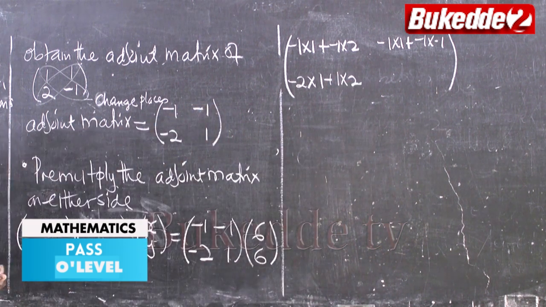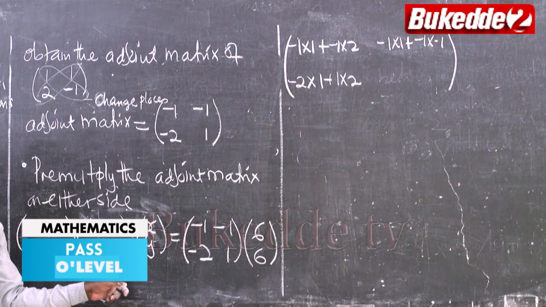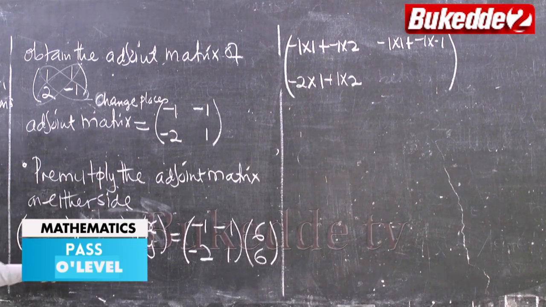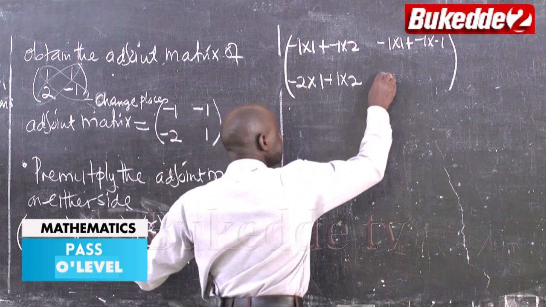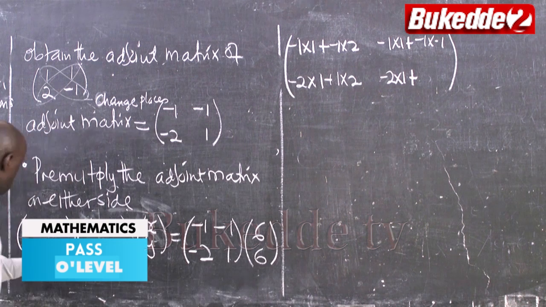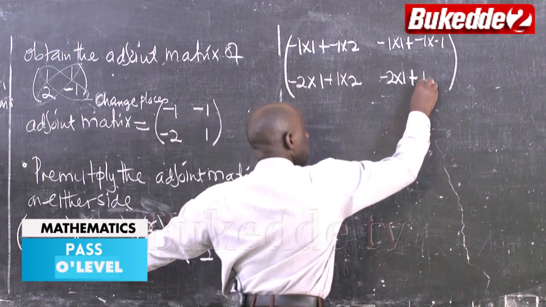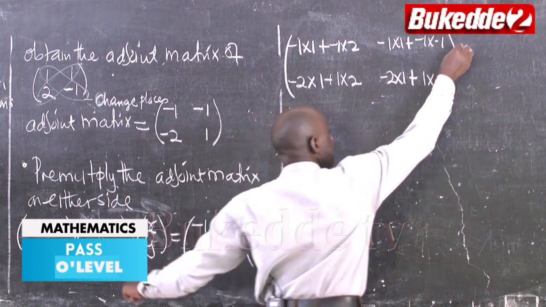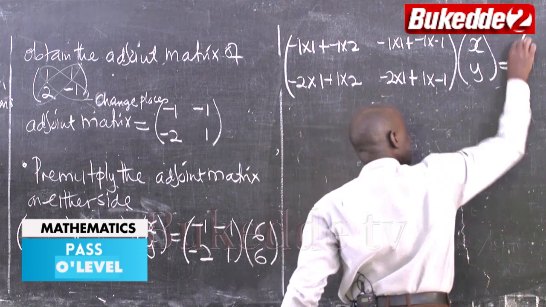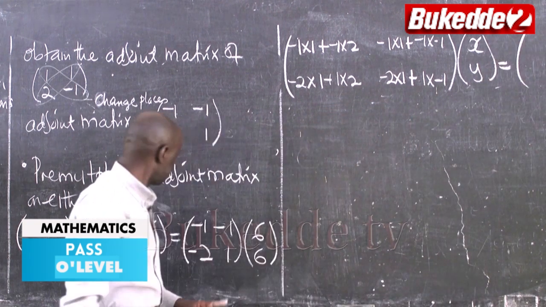Then we move ahead and multiply this down row with the second column. It is this with that, where we're having negative 2 multiplied by a positive 1, added to 1 multiplying a negative 1. 1 times negative 1. Put here your x, y, then come onto the other side.